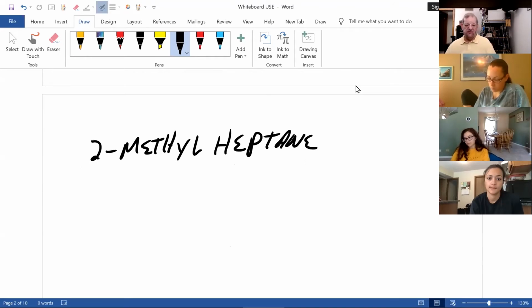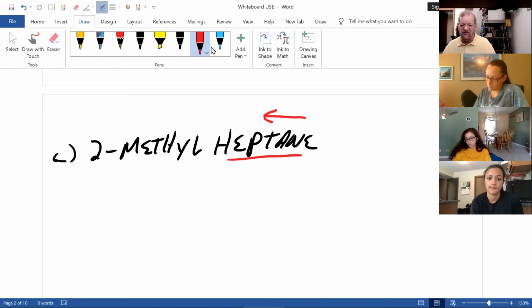And let me do this one again, draw the structure. How do you decode this to know what to draw? Well, it's always the same in organic chemicals, the names. You start from the right and you move left. And the first thing I see is heptane.